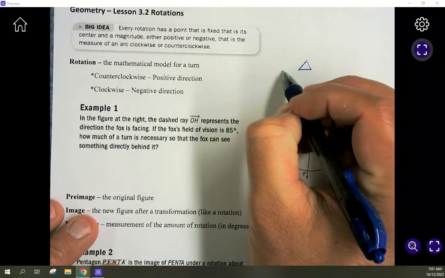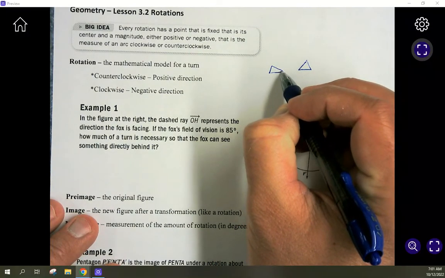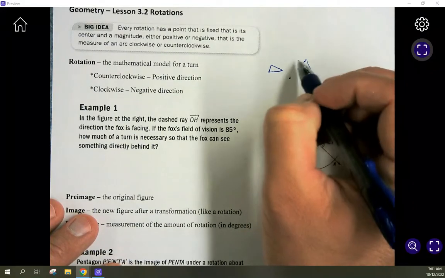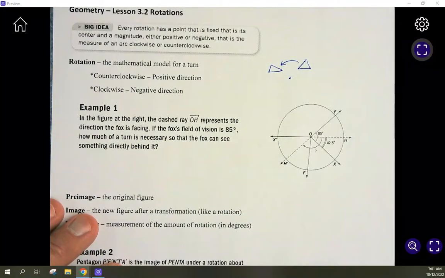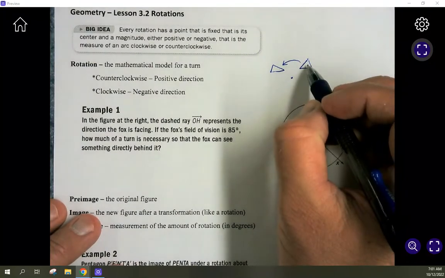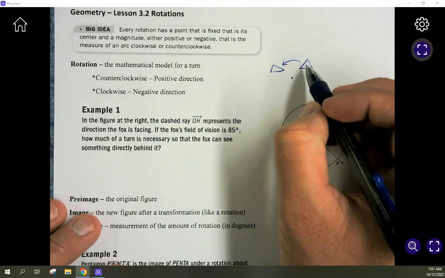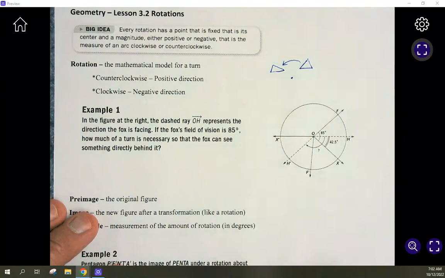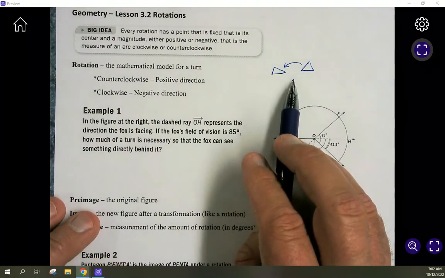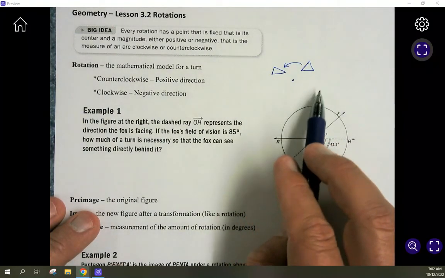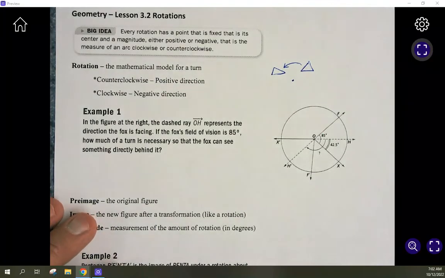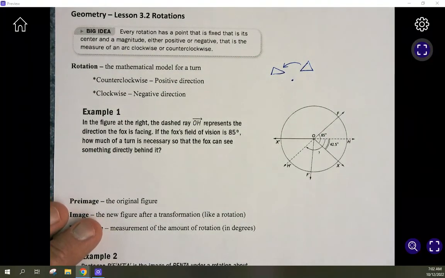And so they end up on the other side somewhere like this, a certain number of degrees. Now the center could be in the middle of that shape, and that shape will just spin, but very often the center that we're rotating around is some point out here, and that shape will rotate around or orbit around as if you studied the planets orbiting the sun.